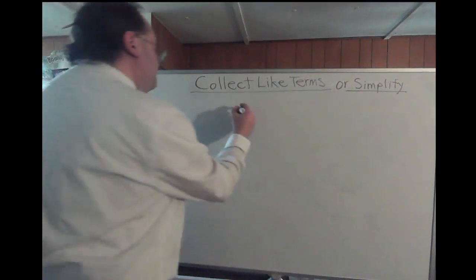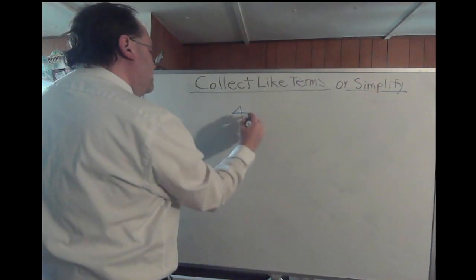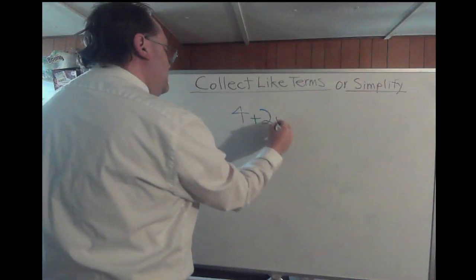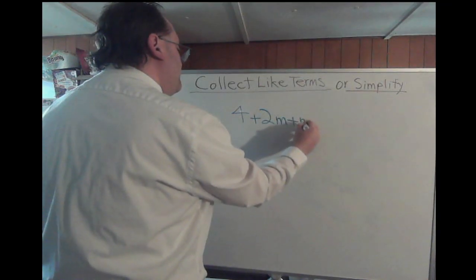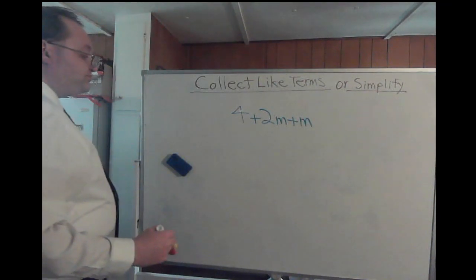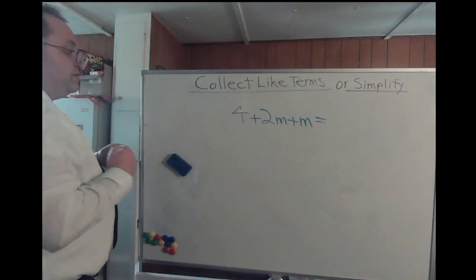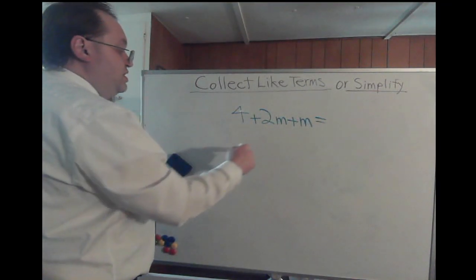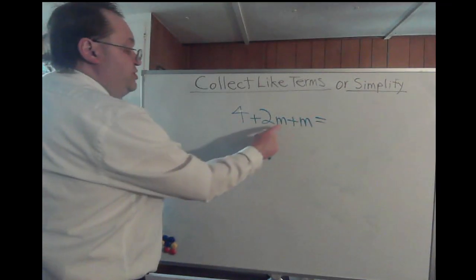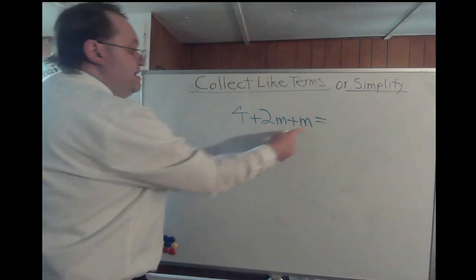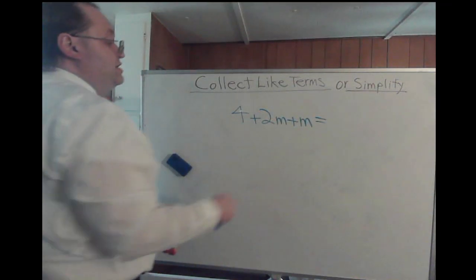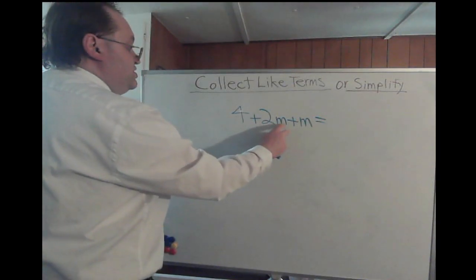Alright, then we have 4 plus 2m plus m. First thing I would recommend, again, look for like terms. Well, 4 is a constant, but you have two terms that have the variable m in it. So you know those are like terms, 2m and m.